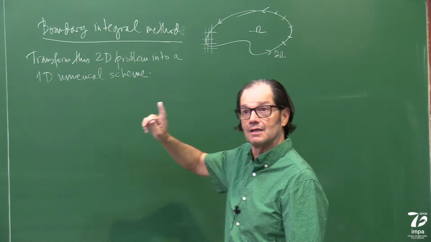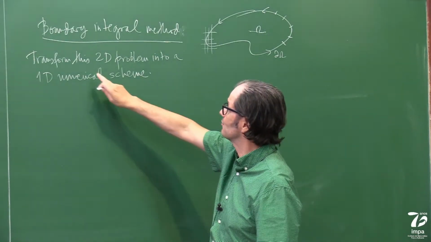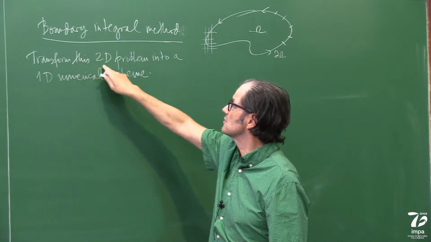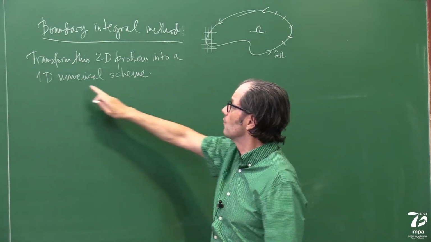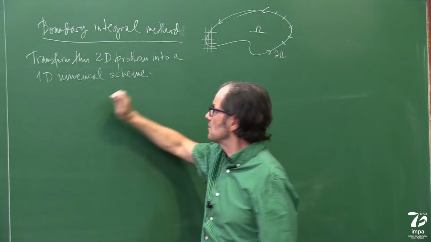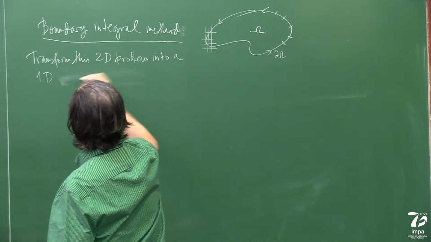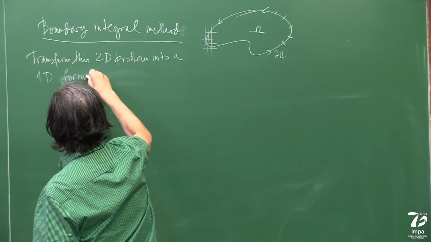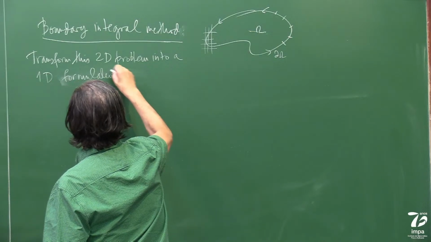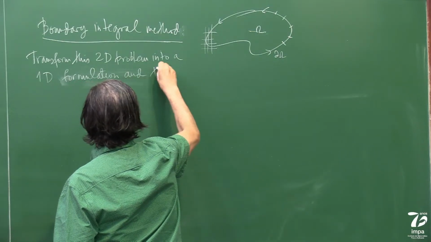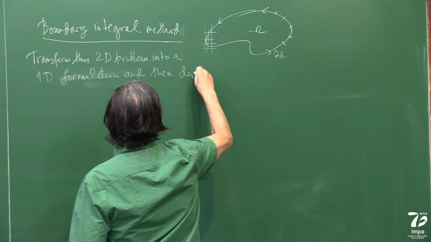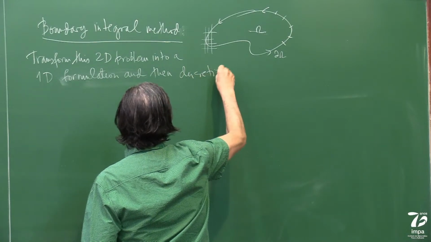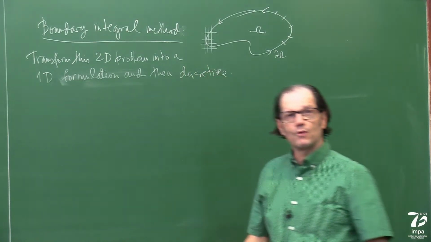If I would say everything precisely, it would be transform this 2D problem into a 1D formulation. Let me write it like this, right? And then do the numerical method. I think that writes better. I think this is a more proper way of saying it.